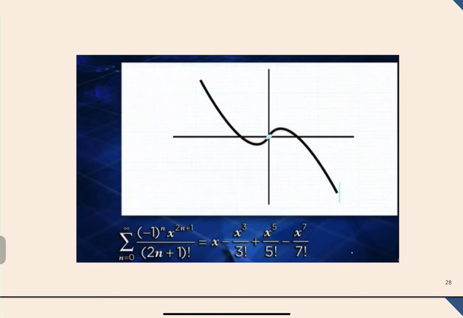Later on, we'll prove or illustrate that this indeed converges to sine x. Right now, we know it converges, but it's not clear what function it converges to. But I think you can now see that it's going to be sine x.